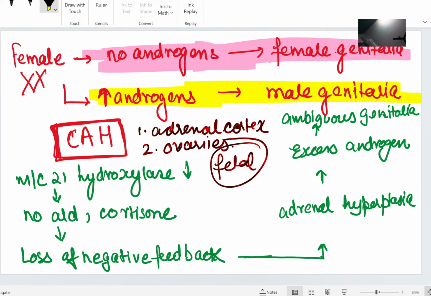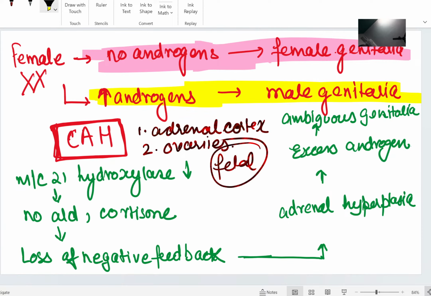If androgen will increase, then in a female with XX genotype, there will be formation of male genitalia.